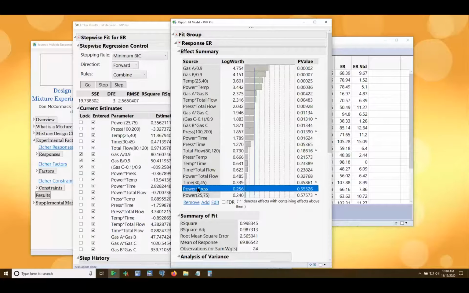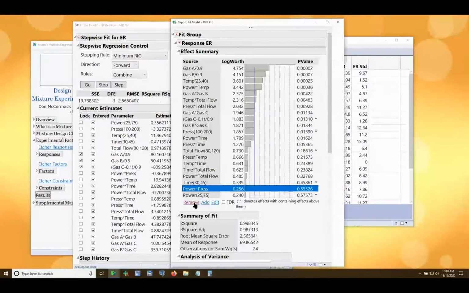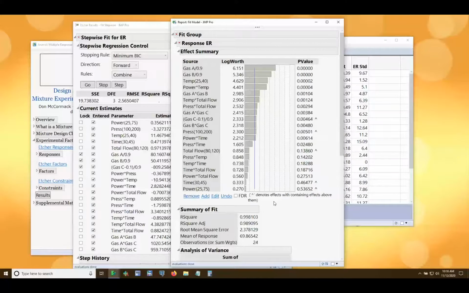Now, also keep in mind, even though I were to remove these from the model, I'm doing this for the sake of simplicity. The idea here is that power and pressure have to have some sort of setting. It might be some nominal value. If it's not significant, I can set it to whatever value between my high and low setting.